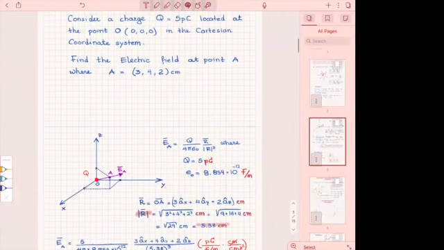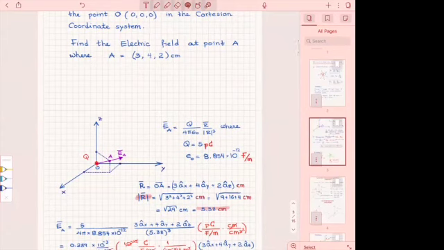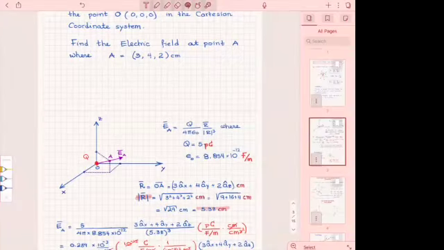So going back to my question, we have a coordinate system. I put the coordinate system here the way you see it. How would you put the coordinate system? Why did I choose it this way?